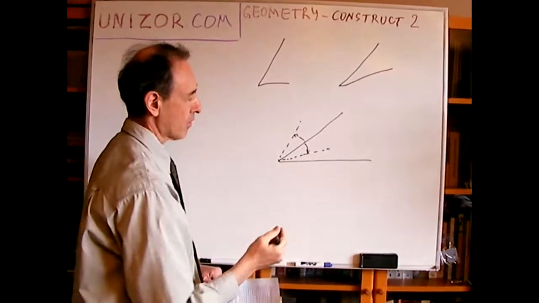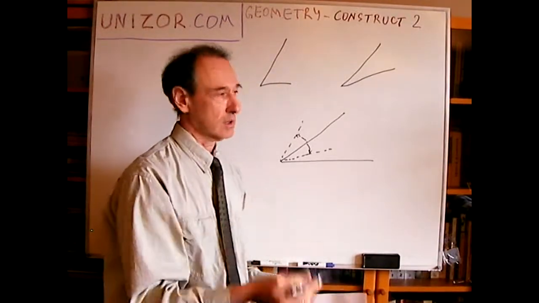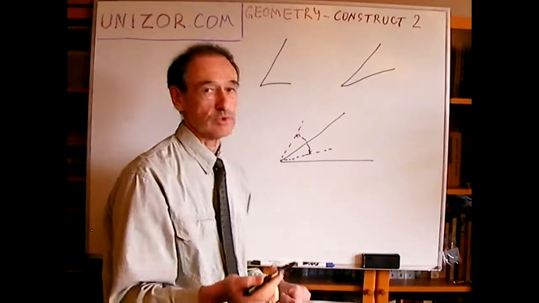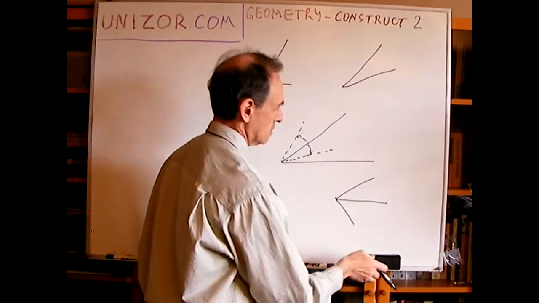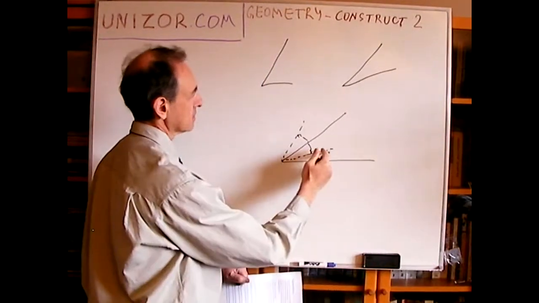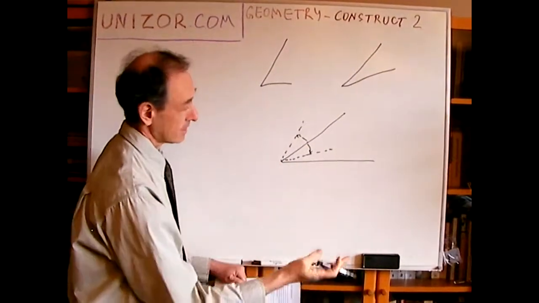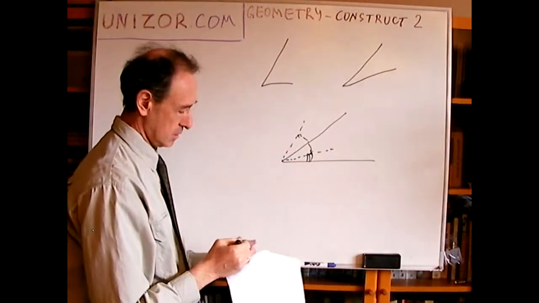If you remember, to construct an angle congruent to a given one, you have two solutions. So basically, you can, in this case, construct the second angle using the second solution, if you wish. So whatever remains would be the difference.